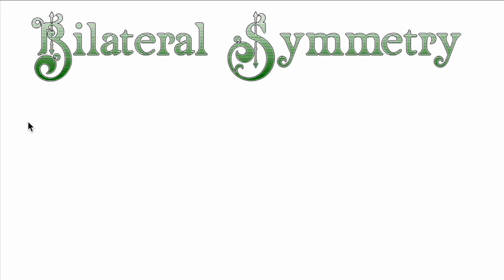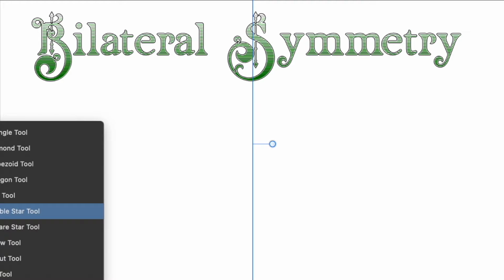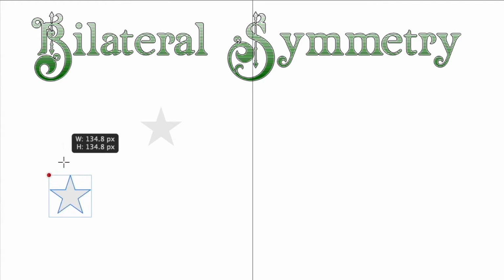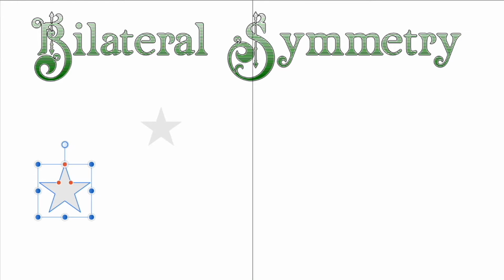So let's look at bilateral symmetry again, but from the blank canvas. If we imagine that there is a line down the center of this piece of paper, and that is our line of symmetry. So let's put some shapes over on the side.